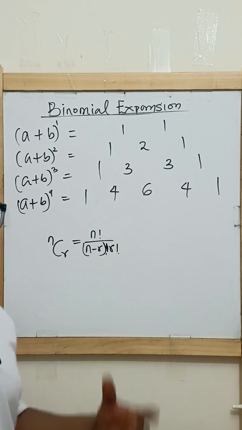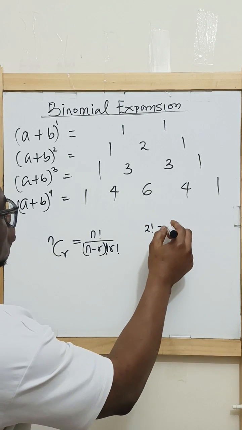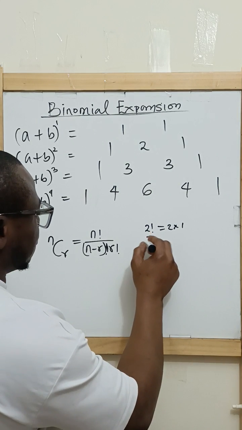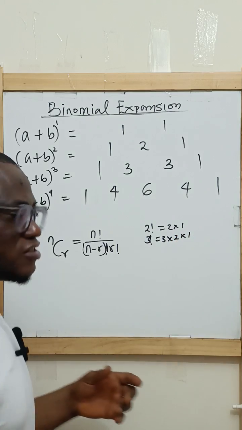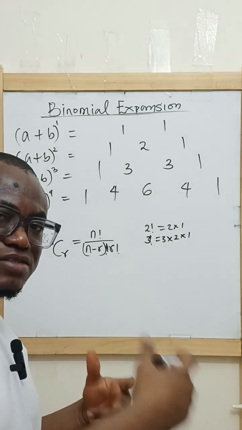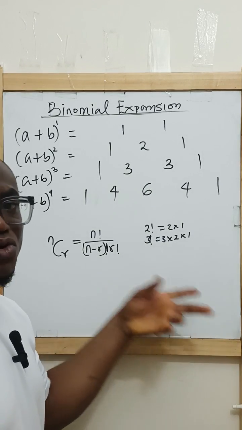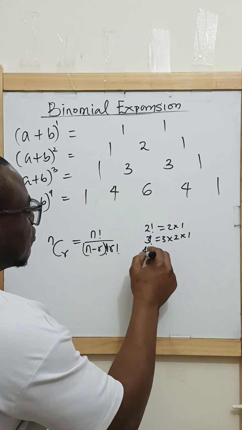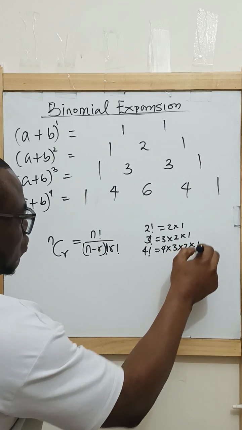So what is all this factorial? When we say 2 factorial, it means 2 times 1. When we say 3 factorial, it means 3 times 2 times 1. That is, we decrease the number by 1 while multiplying, and continue the multiplication up to 1. So 4 factorial is 4 times 3 times 2 times 1.